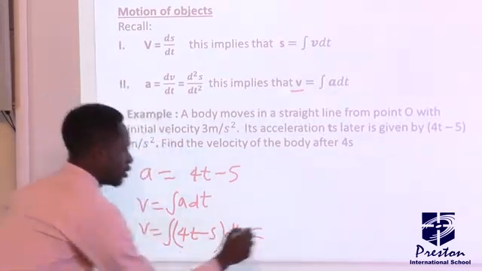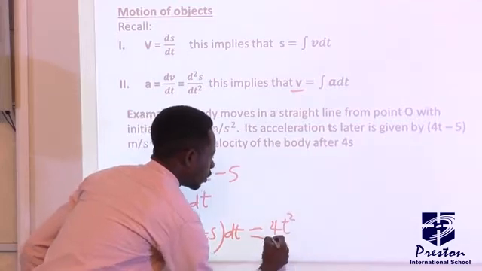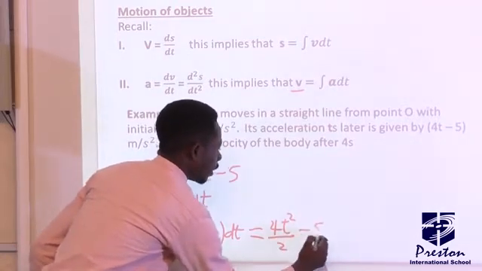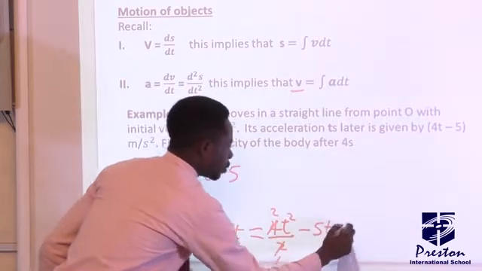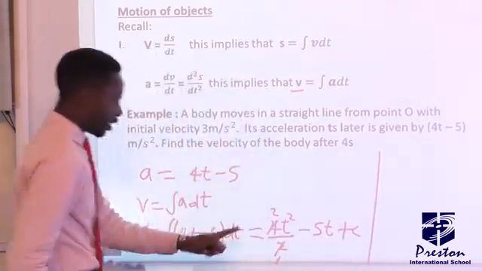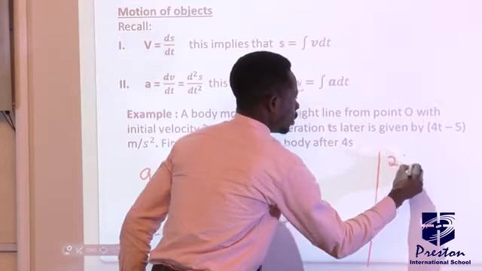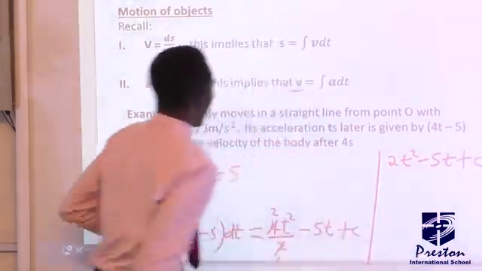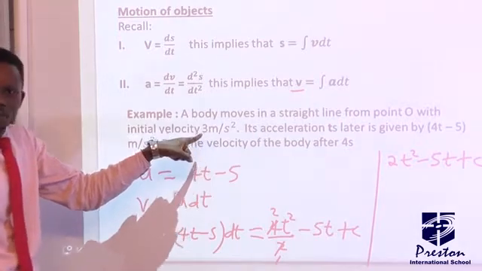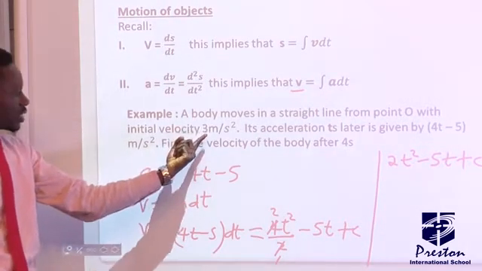And this will give us 4t squared over 2 minus 5t. And of course, the 4 and 2 simplify. Don't forget your plus c. At the end of everything, you are going to have 2t squared minus 5t plus c. And of course, we are given that at initial velocity, at time t equals 0, the velocity is 3.